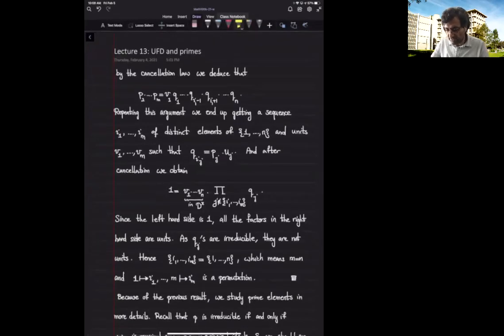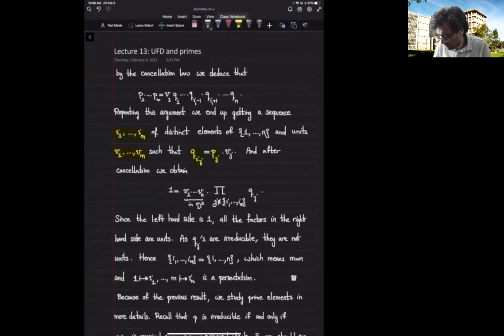So altogether, doing this process again and again, we end up finding indices I sub 1, I sub 2, up to I sub m among the numbers 1 to n. And I can find a bunch of units, v sub 1 through v sub m, such that q sub I sub j is p sub j times v sub j.